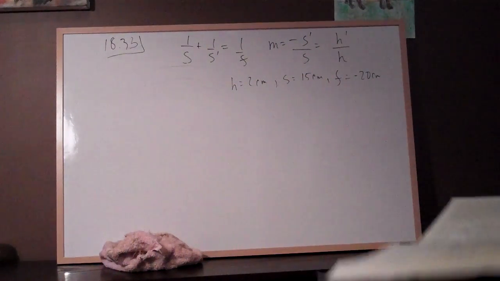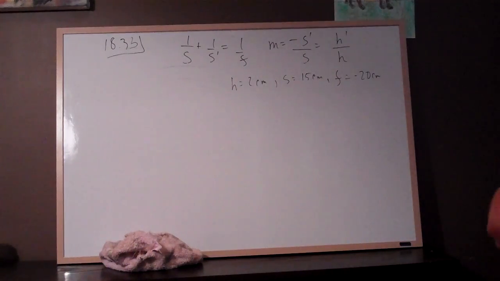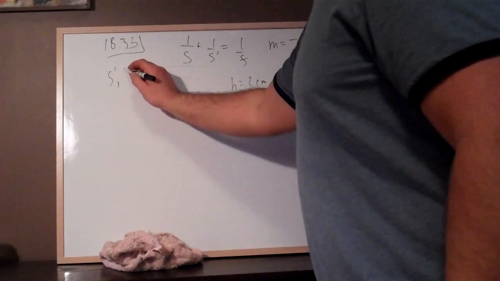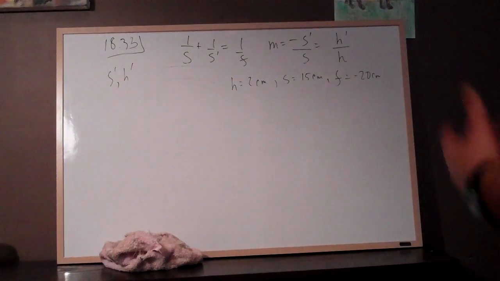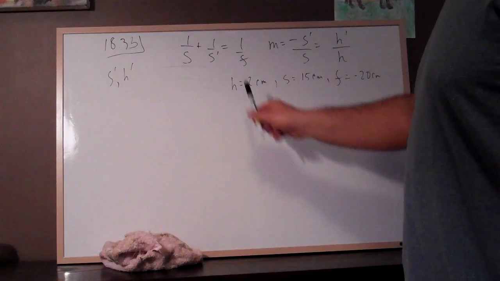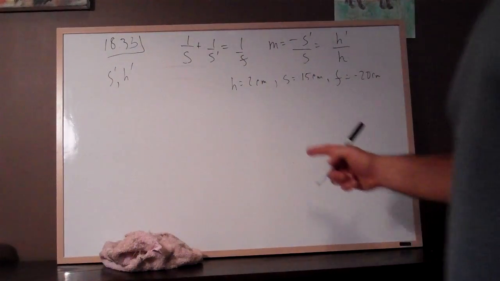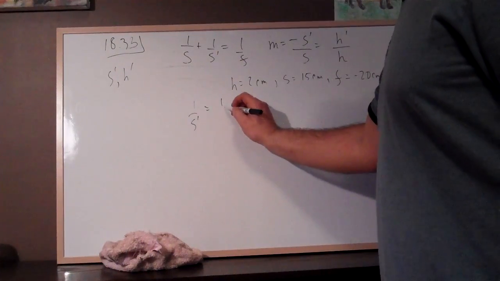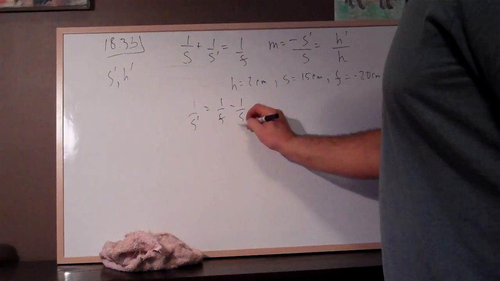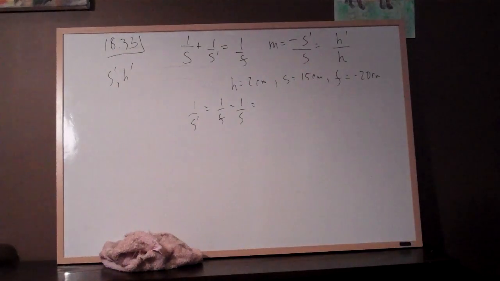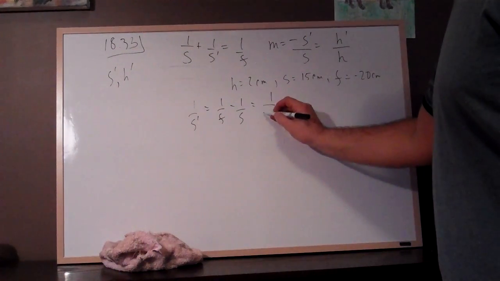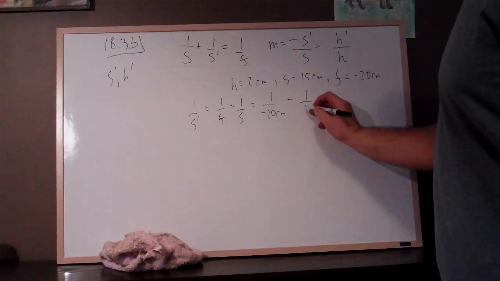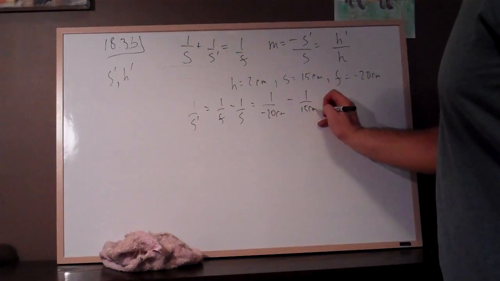So same deal. We want to find the image position, S prime, and also the image height. Good. So same thing with the lens equation. Solve this equation for S prime. 1 over S prime is equal to 1 over F minus 1 over S. So 1 over minus 20 centimeters minus 1 over 15 centimeters.